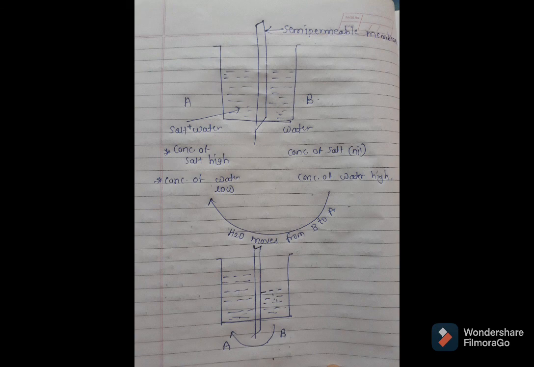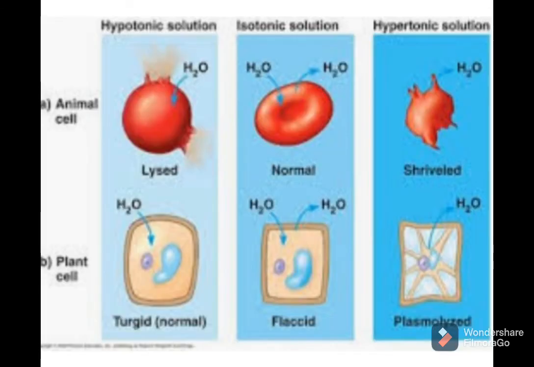This movement of water molecules from a region of higher concentration to a region of lower concentration through a semi-permeable membrane is called osmosis. So in a hypotonic solution, what will happen? Water molecules enter into the cell, and that's why the cell becomes turgid, swollen.